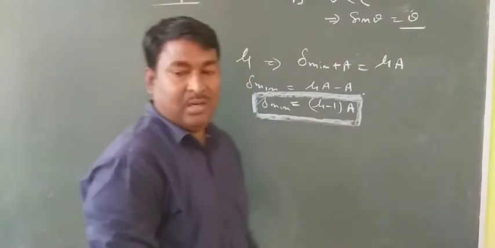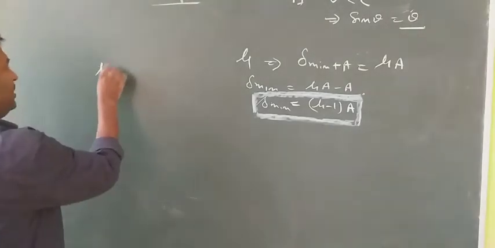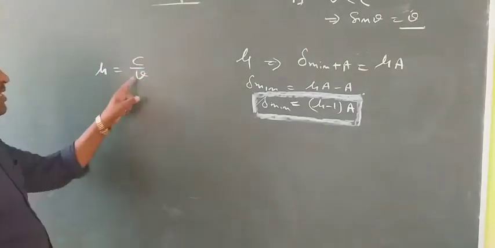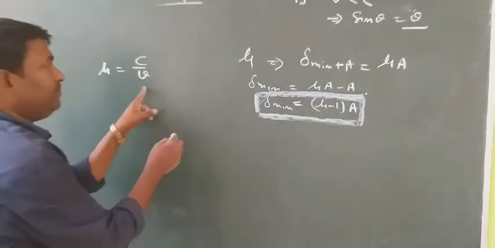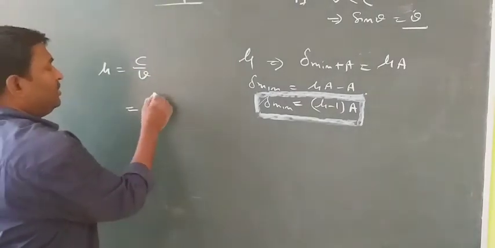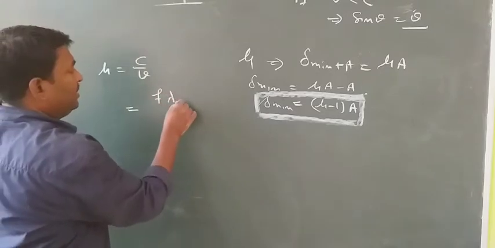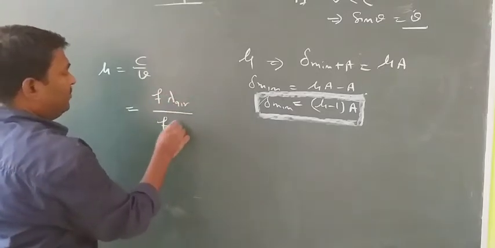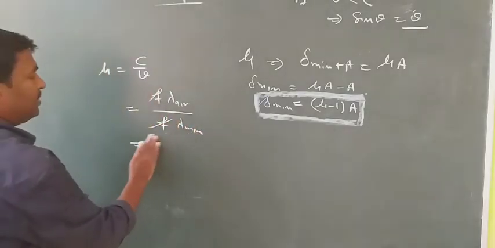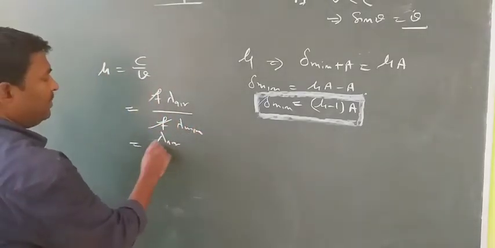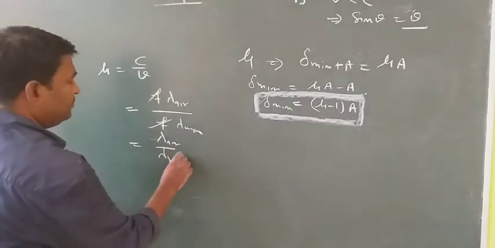But we know that refractive index is c by v, meaning speed of light in air to the speed of light in medium. That's why this is f lambda in air upon f lambda in medium. The f has cancelled out, so it is lambda in air upon lambda in medium.